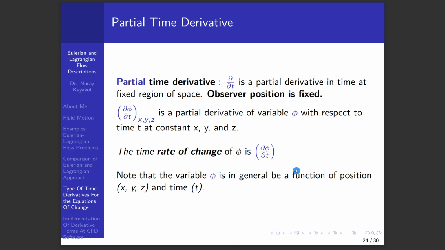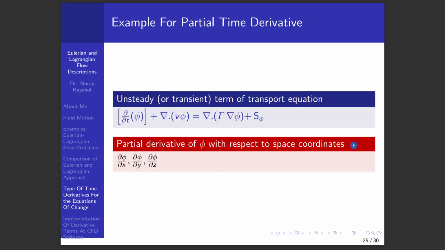You will see later on how the partial time derivative can be expressed. If I give an example, if phi is rho, then with some terms you can obtain conservation of mass. So the partial time derivative is also called the transient term of a transport equation.